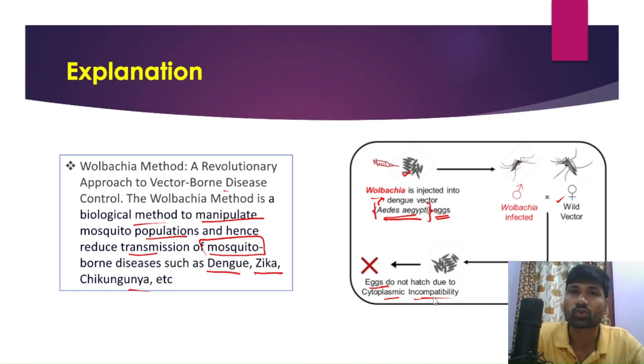This is how the Wolbachia method works, and that would biologically reduce the mosquito population, and further prevent the spread of vector-borne diseases such as dengue, chikungunya and Zika, right?